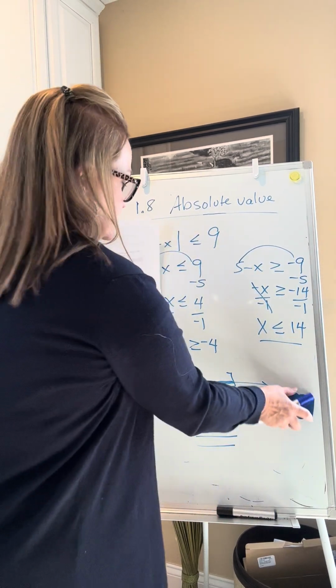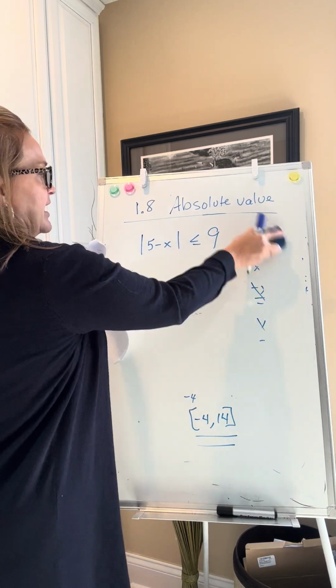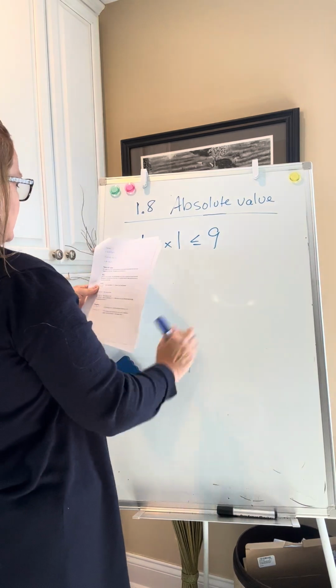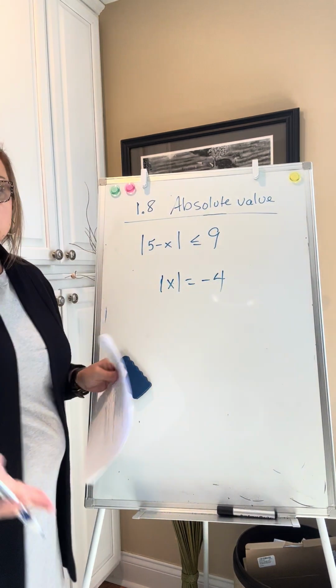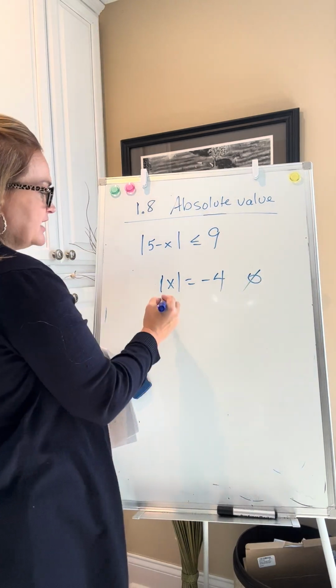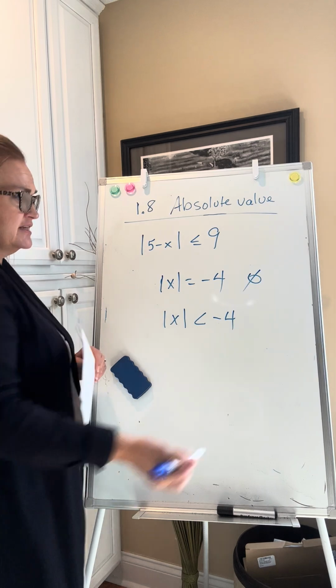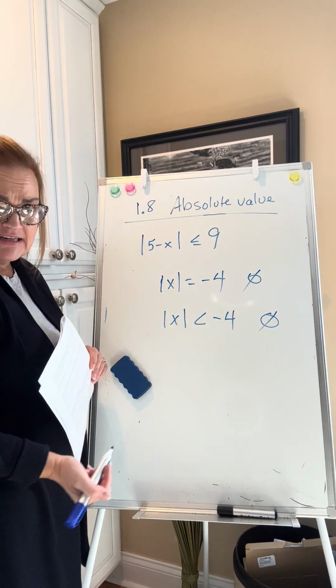The last thing is the special cases. I've been mentioning this all along. If you have absolute value equal to a negative, you're just not going to be solving those normally. We cannot have absolute value equal to a negative number. There's just no solution to that. We can't even have absolute value less than a negative number, right? That would make no sense. You can't take the absolute value of anything and have it be less than a negative.